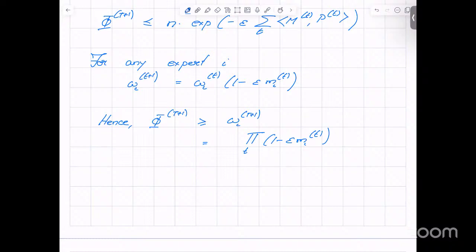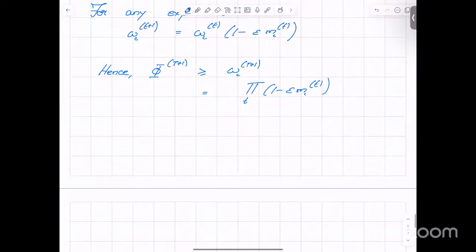Okay. So I want to do this lower bound. Let's first split this by t's in which MITs are greater than 0, 1 minus epsilon MIT, and t's in which MITs are less than 0.